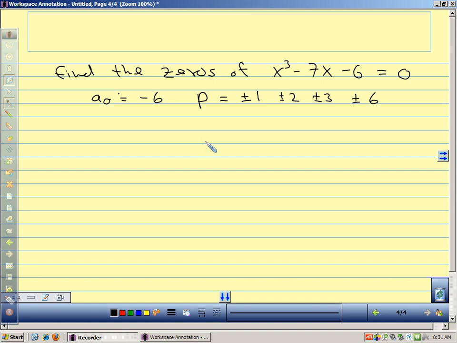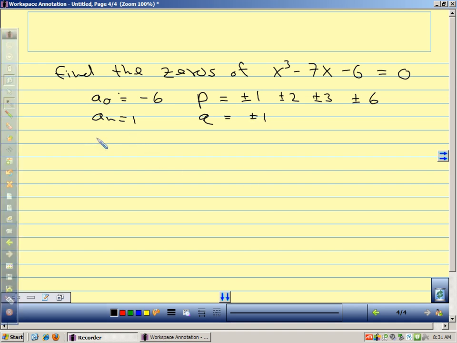We want numbers that divide 6 evenly. And Q, a sub n, equals the first number in front of our highest power. So a sub n is 1, and Q is just plus or minus 1.